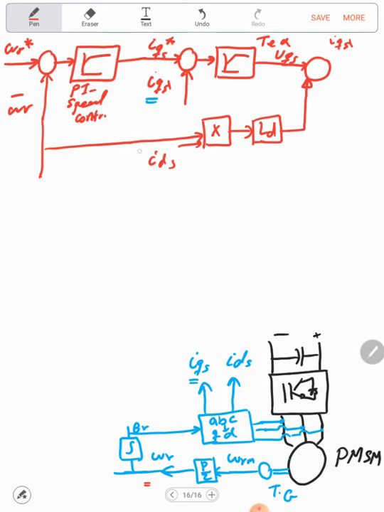The second one is omega r multiplied by lambda m, and this will be the second cross coupling, and this will generate the VQS.